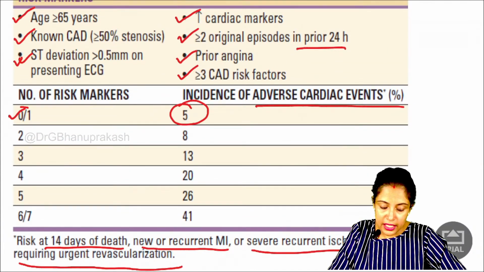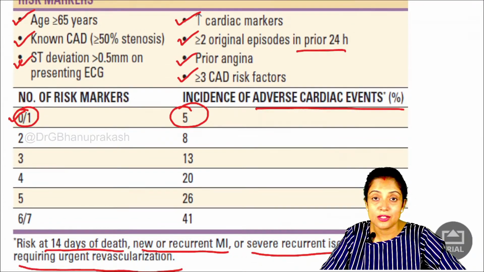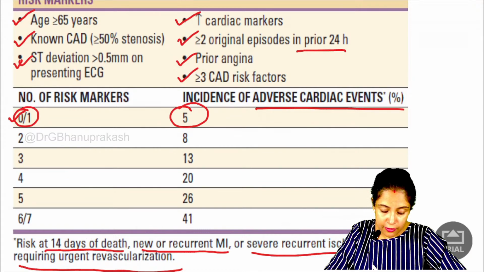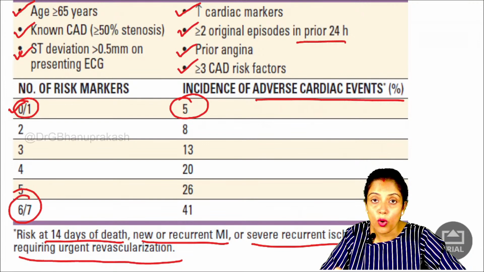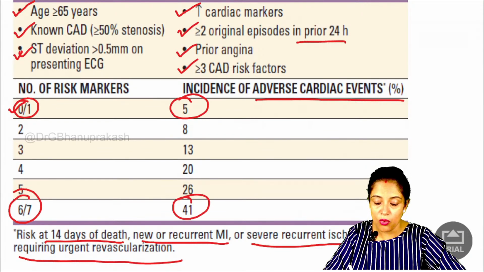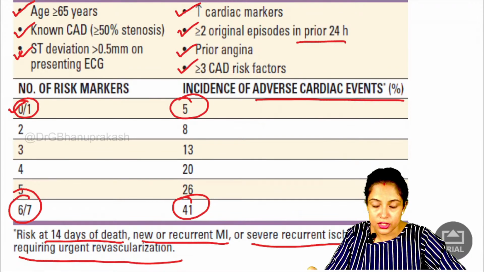So, as I said, if the score is 0 or 1, there is a 5% risk, and if the score is 6 or 7, the patient has a risk of 41%. This is how we stratify the risk of a patient.